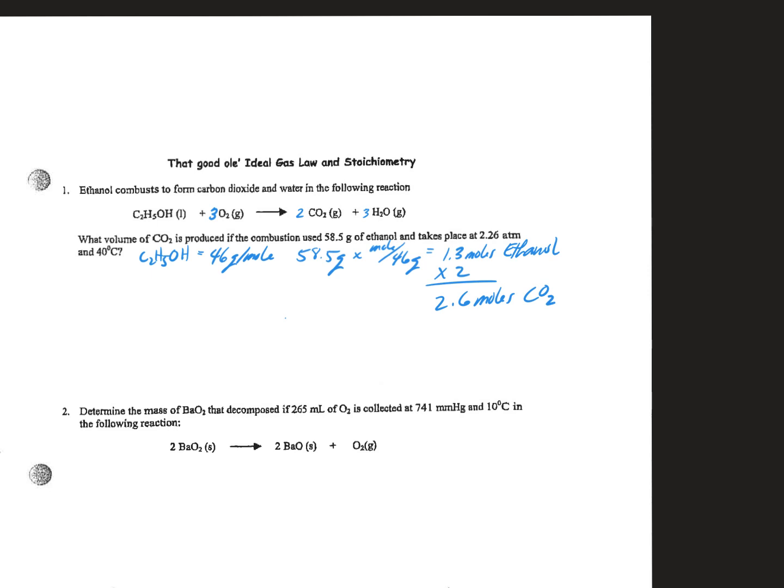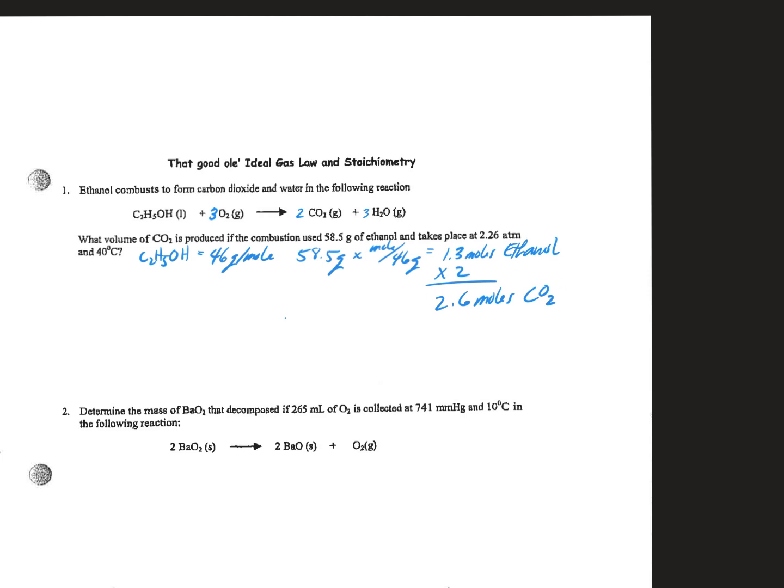So we're going to make 2.6 moles of CO2. We're assuming that there's an excess of oxygen because nobody told us anything about oxygen. So we're assuming that we've got a room full of oxygen. So the reaction is limited by how much ethanol we have.